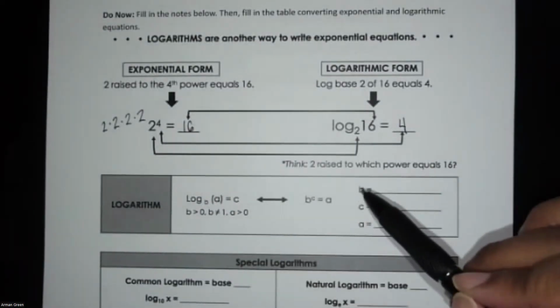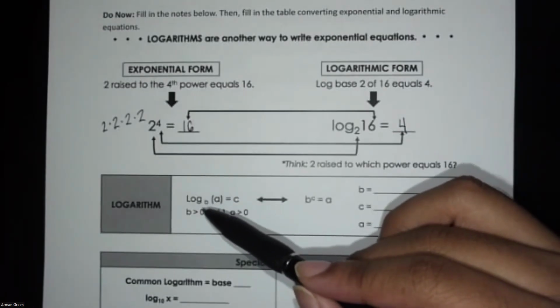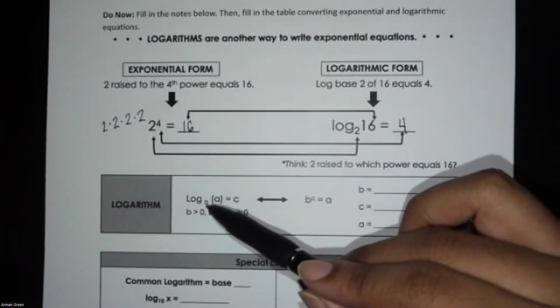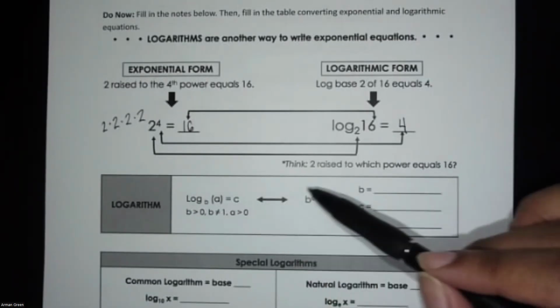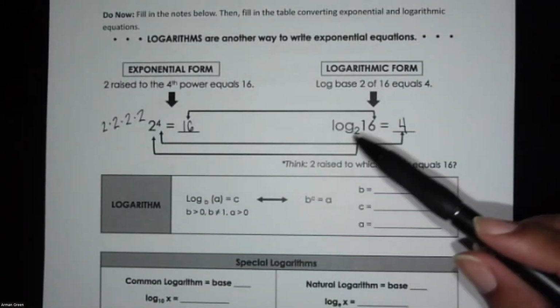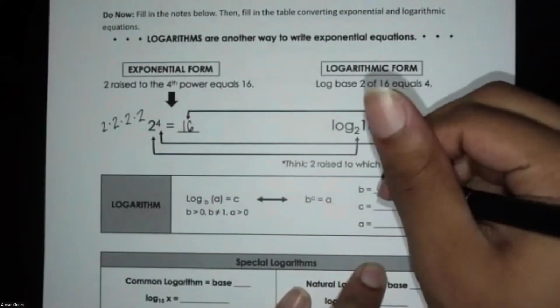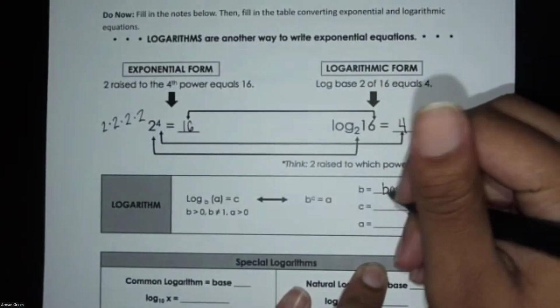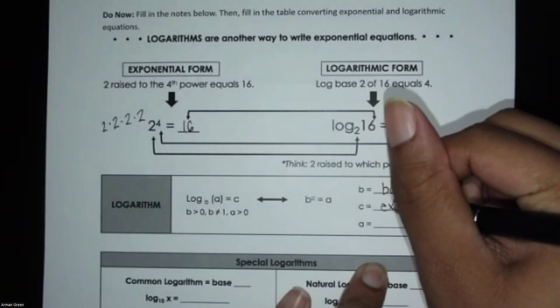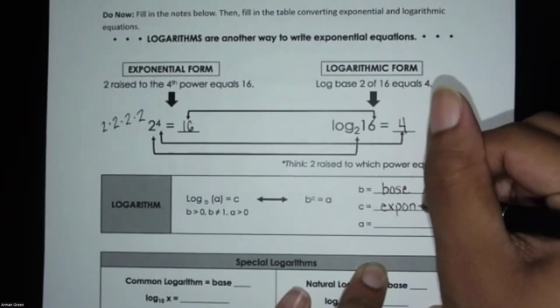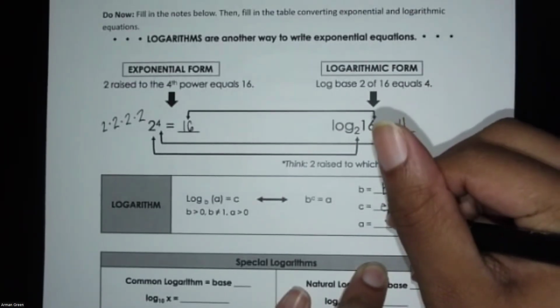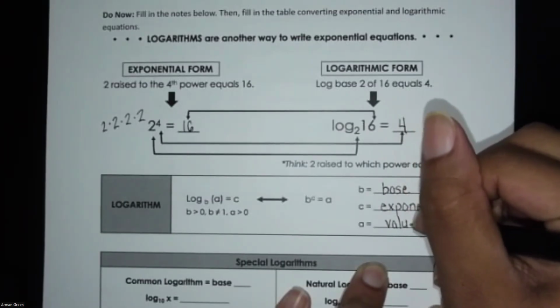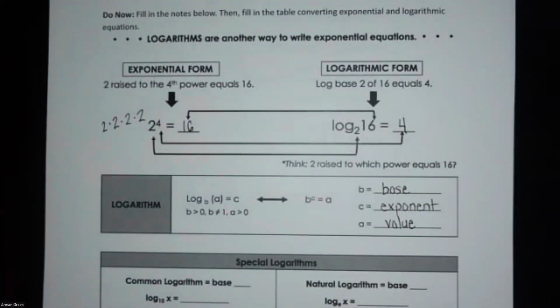Because we can convert a logarithm to an exponent, you can see that a, b, and c here correspond to a, b, and c here. b is your base, c is your exponent, and a is your value.